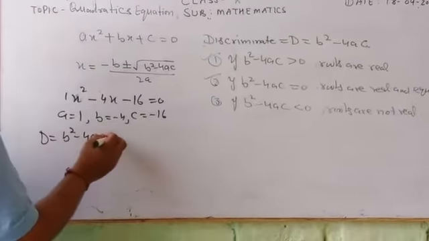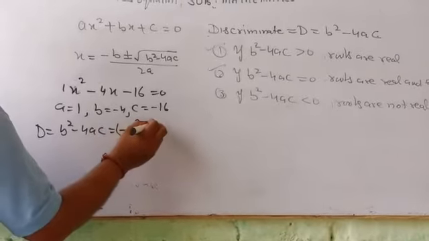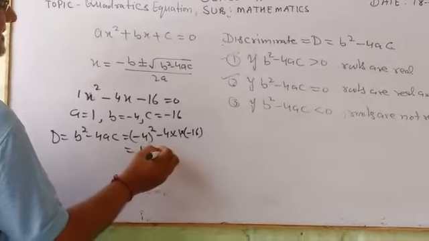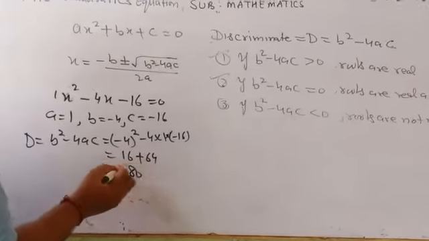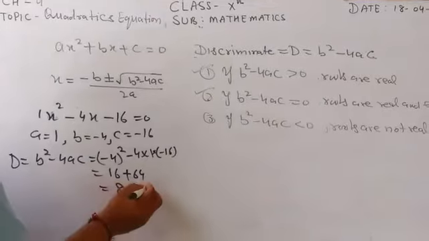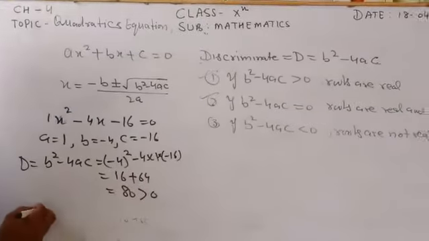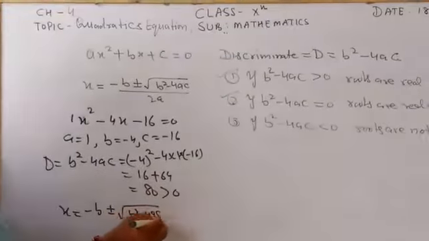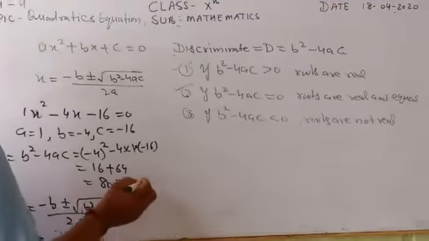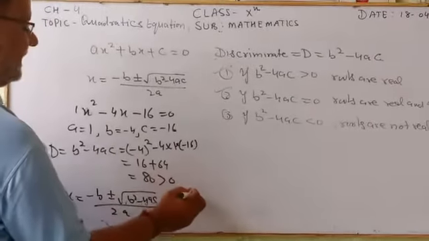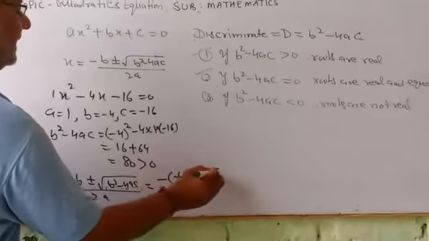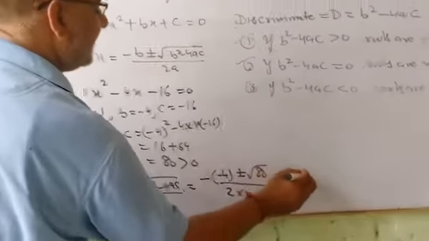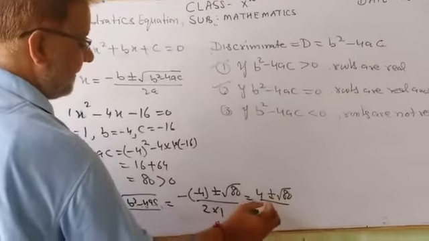Minus 4 square minus 4 into 1 into minus 16, so 16 plus 64, that is 80, which is greater than 0. So apply the formula x equal to minus b plus minus square root of b square minus 4ac upon 2a. Minus b is 4, plus minus square root 80 upon 2a, where a becomes 1. So 4 plus minus root 80 upon 2.